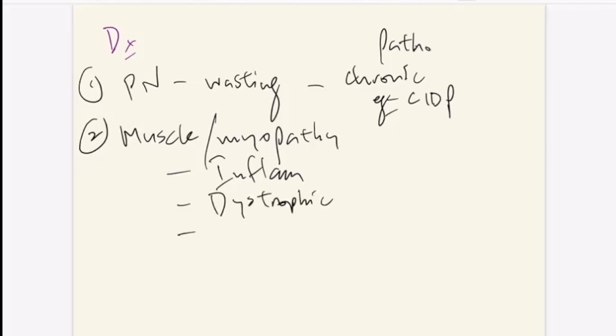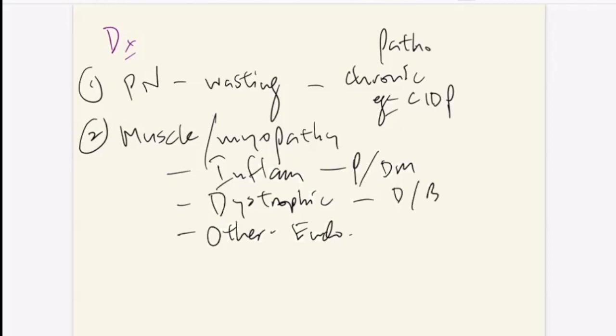And other types are things like endocrine myopathy. So inflammatory are either polymyositis and dermatomyositis. That's why we look for skin lesions. Dystrophic, what are the examples of dystrophic myopathy? Duchenne and Becker muscular dystrophy.